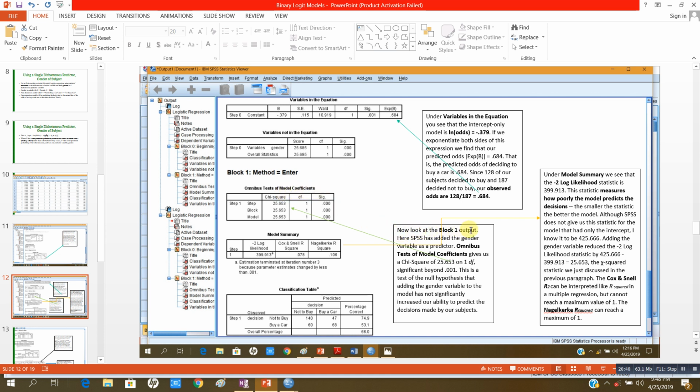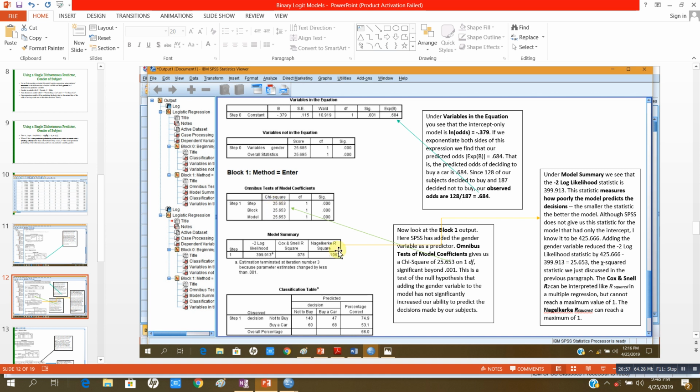Omnibus test of model coefficients gives us a chi-square of 25.653 on 1 degree of freedom, which is significant beyond 0.001.